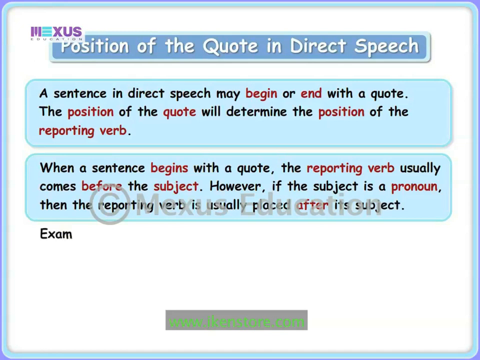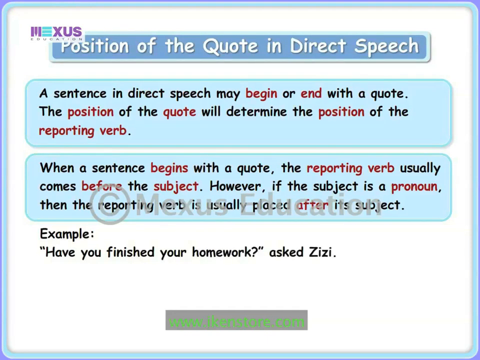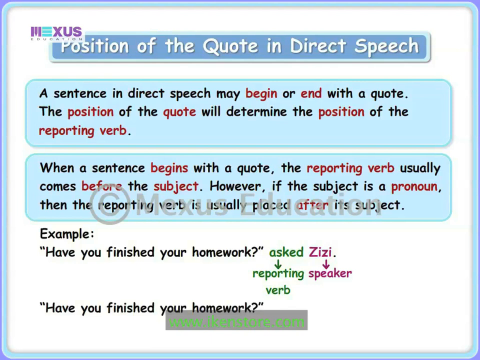Look at the following sentence. Have you finished your homework? Asked Zizi. This sentence starts with a quote. The reporting verb asked comes before the speaker, Zizi. We can use a pronoun instead of the name of the speaker and say, have you finished your homework?